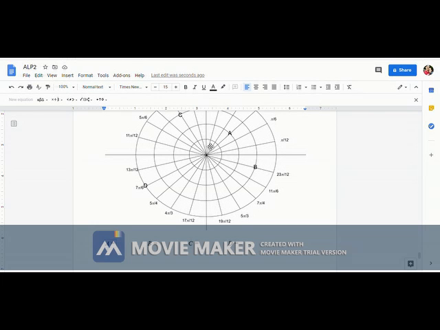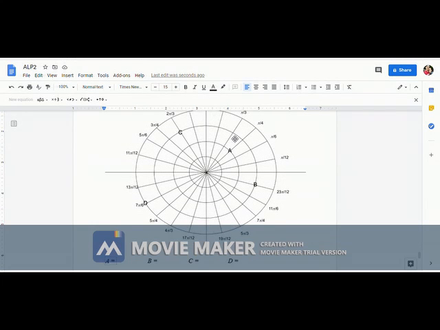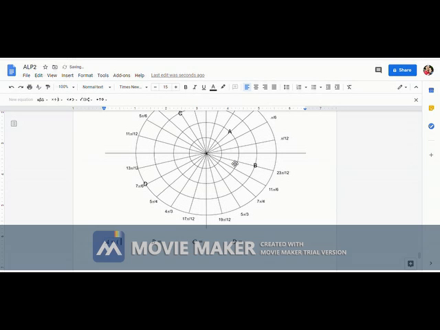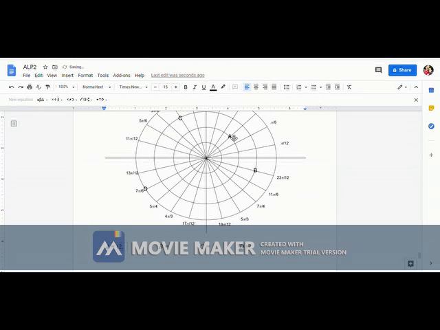For point A, we can see that point A goes out 2 units from the center, so the R value is going to be 2, and then the value for theta is the distance, in radians.